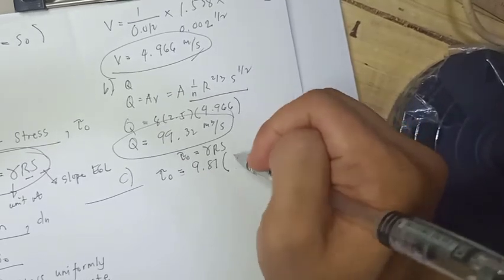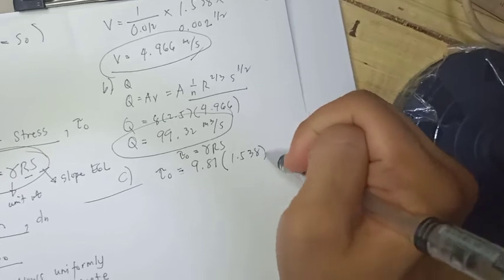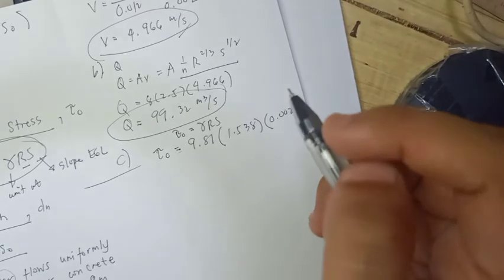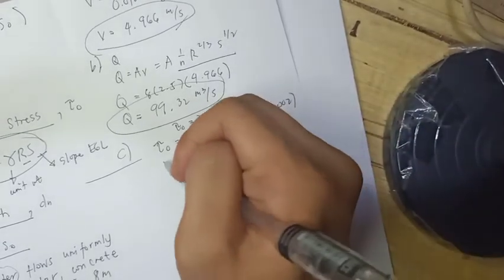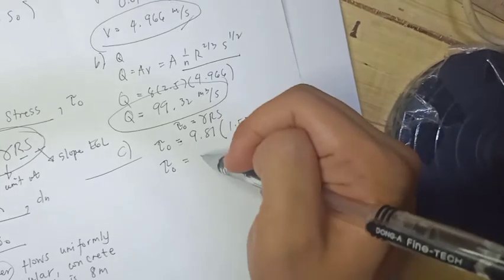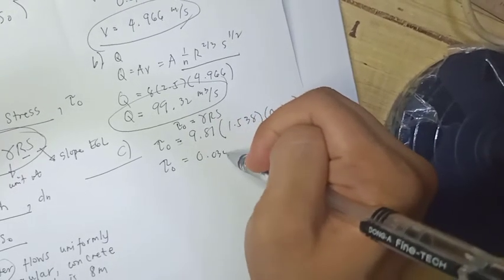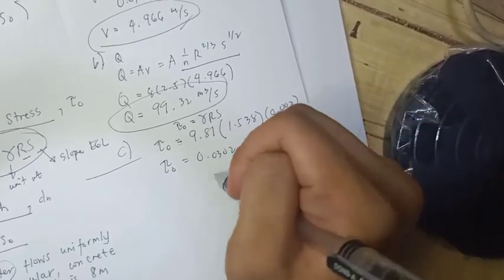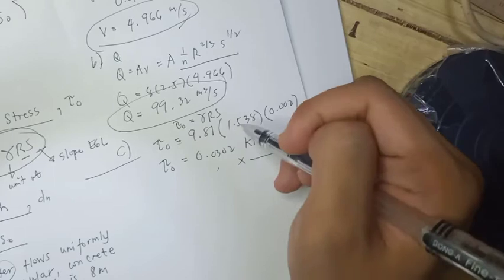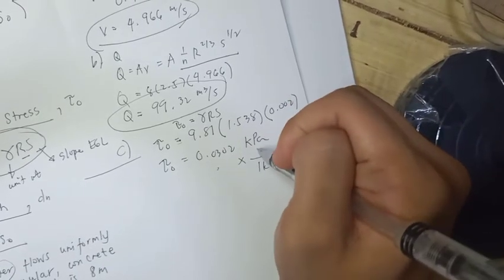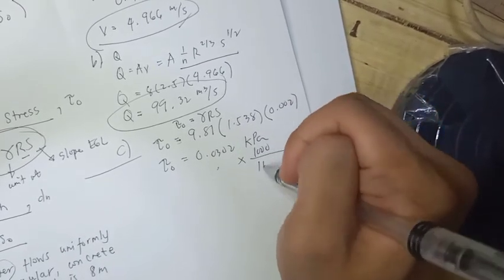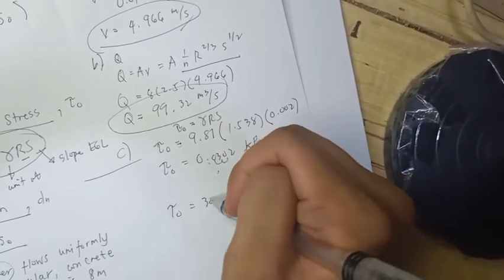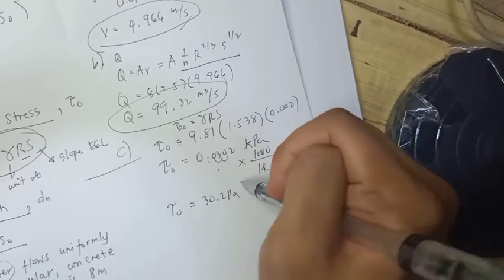Hydraulic radius is 1.538 times S, 0.002. So, the answer would, the boundary is 0.0302 kilopascal, no? So, convert natin to Pascal. So, 1 kilo times 1,000. Cancel. So, our answer would be 30.2 Pascal.